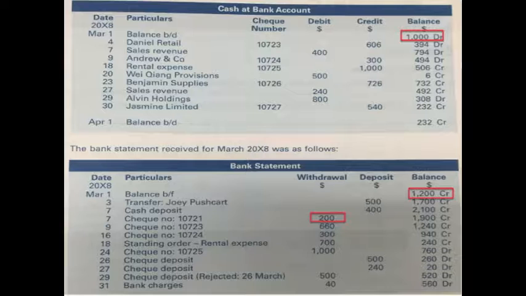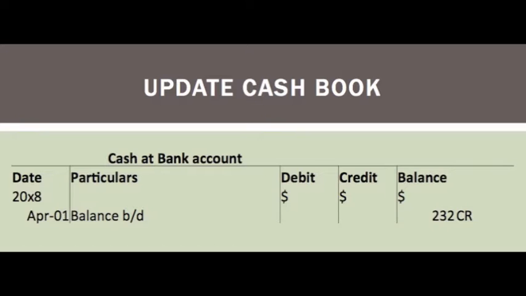We do not need to update that $200 withdrawal anymore because it has been updated in the previous month already. So if, let's say, last month's cash book has already been updated, it's our bank statement that hasn't updated that $200, we will need to update this month's cash book again.